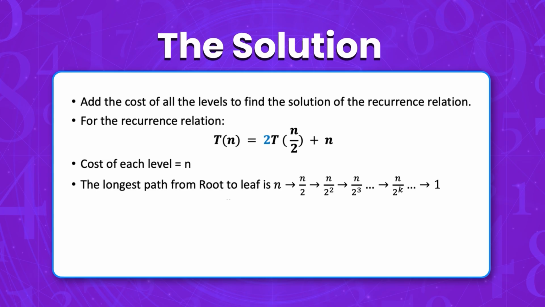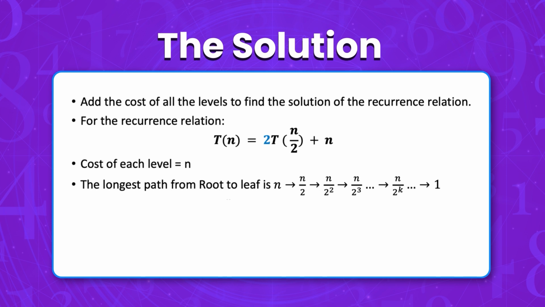And the longest path from root to leaf, how are we reaching it? From n to n by 2, then n by 2 square, then n by 2 cube, and that way n by 4, n by 8. Basically it is represented by n divided by 2 to the power k.